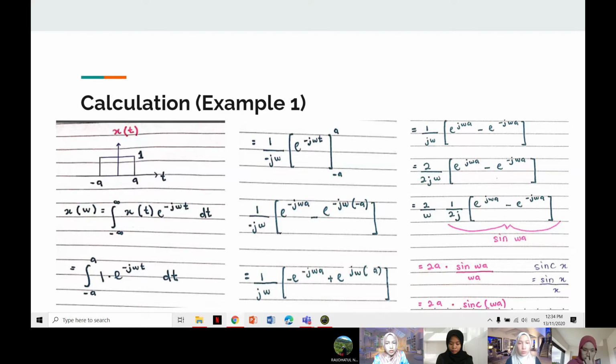So, first we put the integral from negative a to a, with x equal to 1, multiplied by e to the negative j omega t dt. And then we integrate, 2 divided by 2j omega. And the final answer we get is 2a multiplied by sinc omega a.